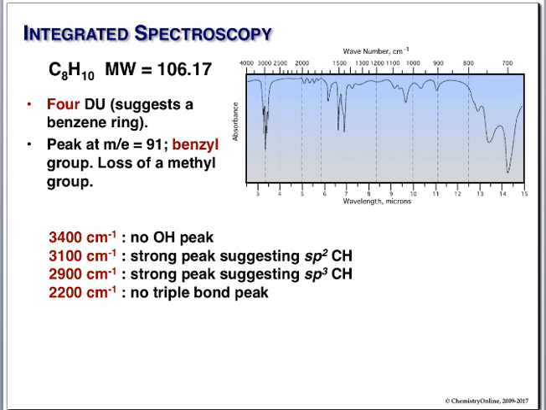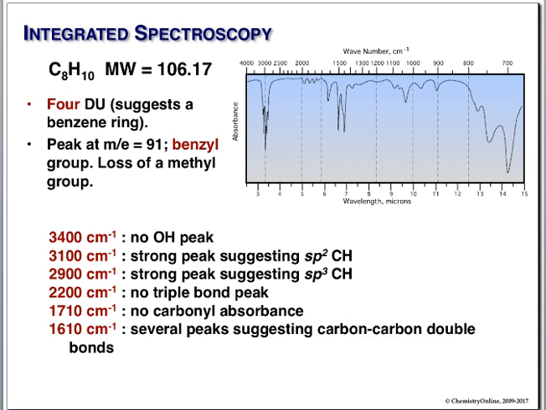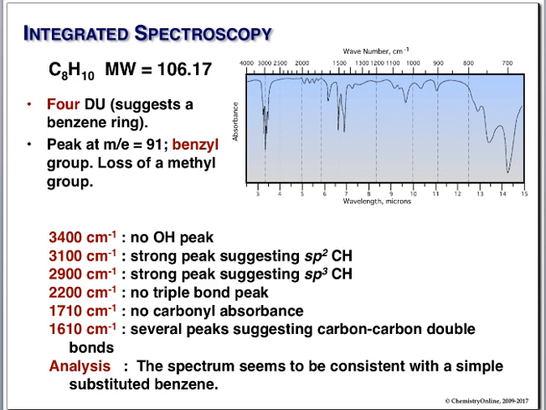That's here. No carbonyl peak. And finally, around 1600, which is here, this little group of peaks is what you expect for benzene ring carbon-carbon stretch. Putting it all together, what does this tell us? A simple substituted benzene.